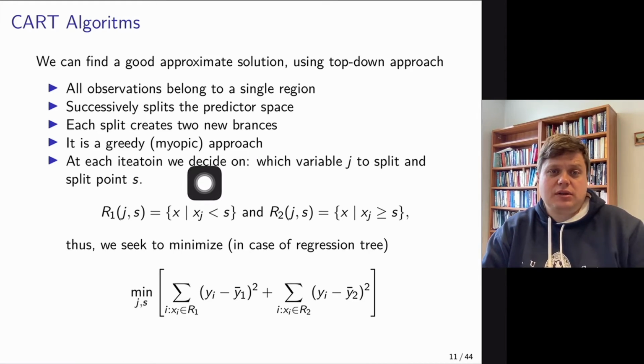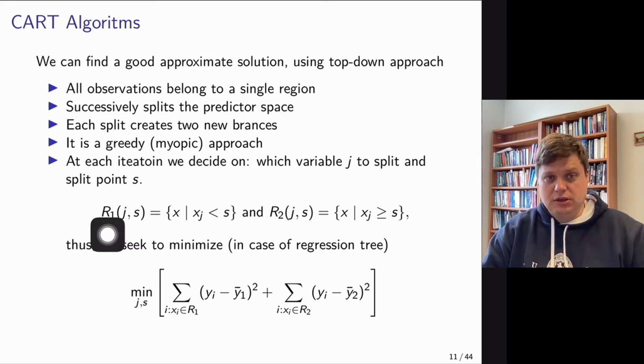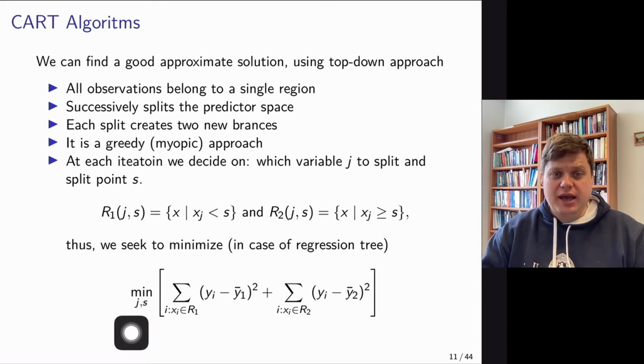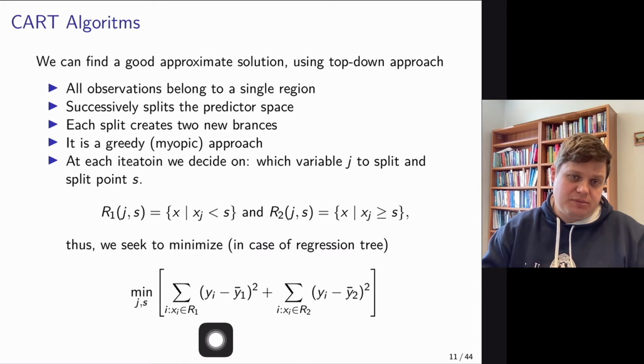Once you've decided, you define two regions. One region is where the variable xj is less than the value s, and the second region is where those values of x are greater than s. The way we decide on this j and s is by solving these optimization problems.